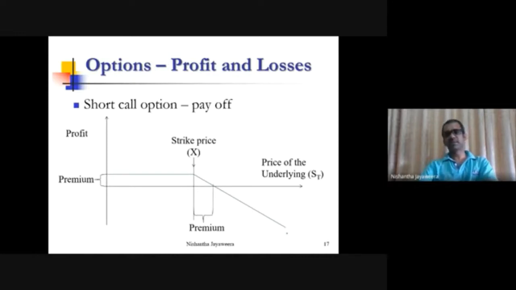Now tell me, what is the maximum loss for the seller of the call option? This is the profit diagram. What's the maximum loss?